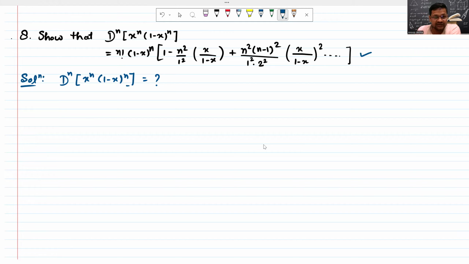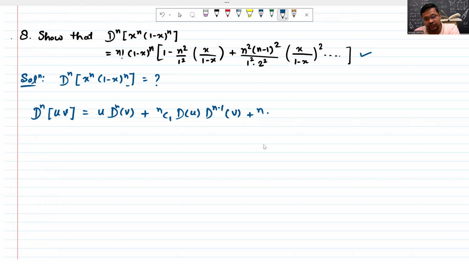So we know that by the Leibniz rule, the nth derivative of two product functions u and v is: this is u and this is nth derivative of v, plus nC1, and this is the first order derivative of u, and the n minus 1th order derivative of v, and this is your nC2, and this is second order derivative of u, and this is the n minus second order derivative of v, and so on.